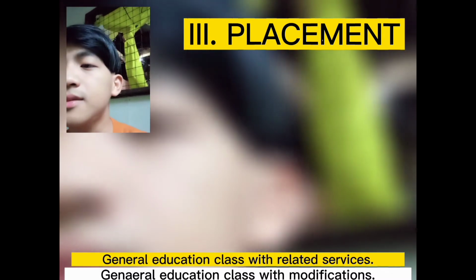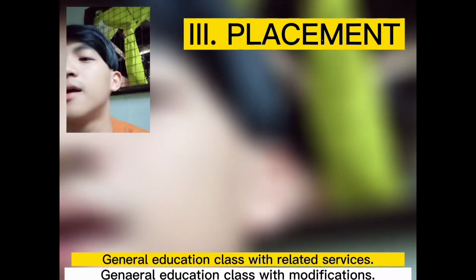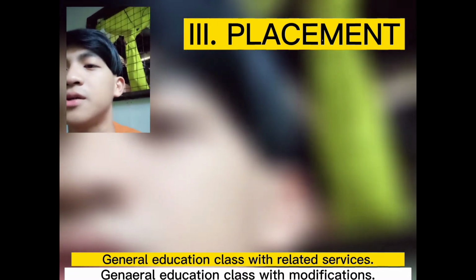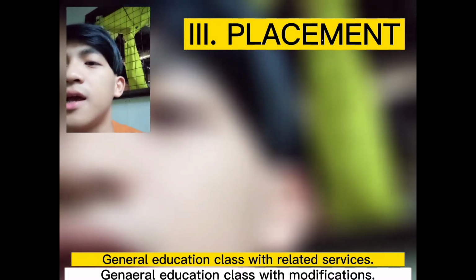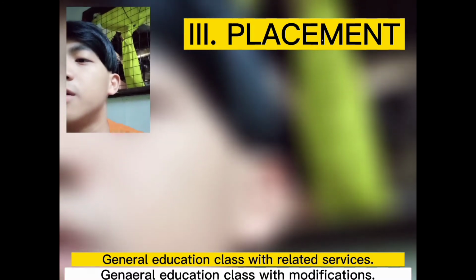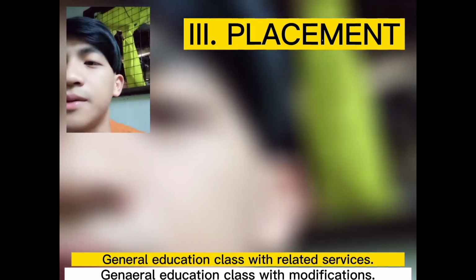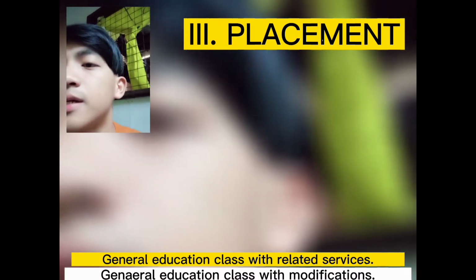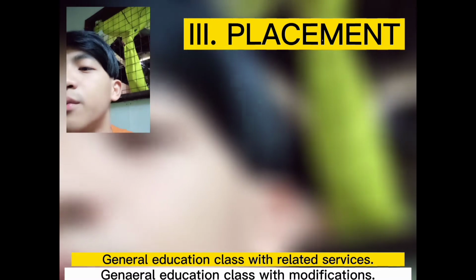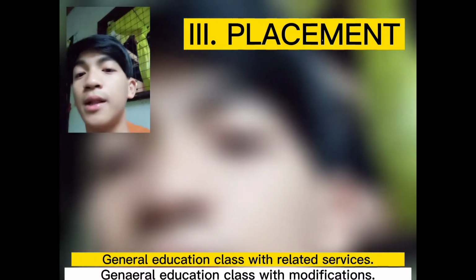Next, additional support in the form of accommodation or changes in expectations through curriculum modification may be provided, but still within the same classroom as peers within the year level.